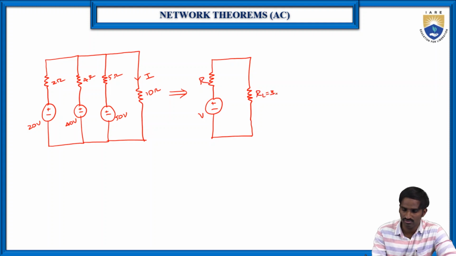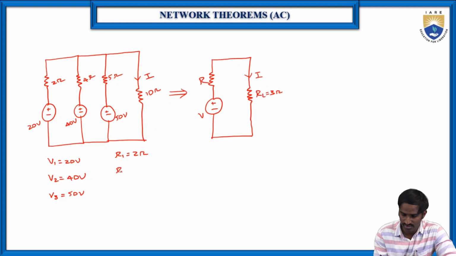We know RL is equal to 3 ohms, and now we need to find the current flowing through this RL, I. Let us write V1 is equal to 20 volts, V2 is equal to 40 volts and V3 is equal to 50 volts. Similarly R1 is equal to 2 ohms, R2 is equal to 4 ohms and R3 is equal to 5 ohms.